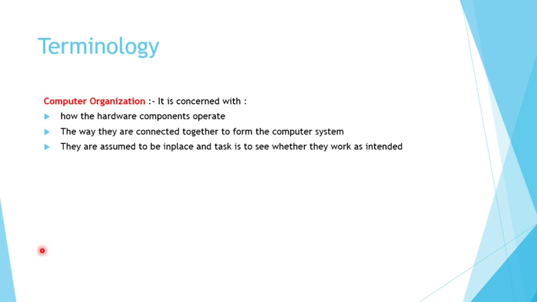For example, if you have to make a car, initially you would say that I need 4 tires, I need some wires, I need an engine, I need a fuel tank, or some other material that you require.